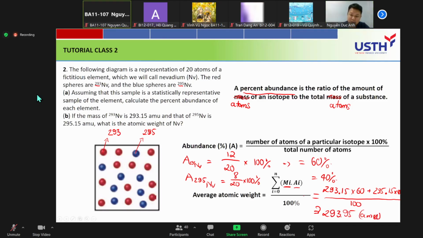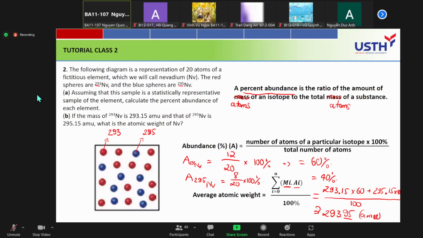Can you tell me why you take two values after the comma here? I think I follow the rules of significant figures. Are you sure?